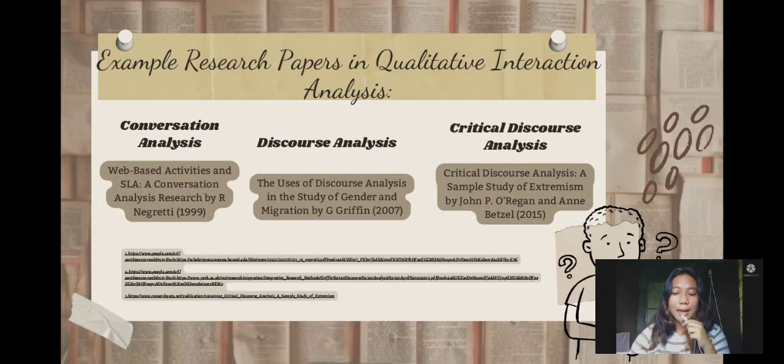Here are the example research papers in qualitative interaction analysis. So, ito po yung mga example ng three types ng interaction analysis. Sa conversation analysis, we have the web-based activities and SLA, a conversation analysis research by R. Negretti, 1999.